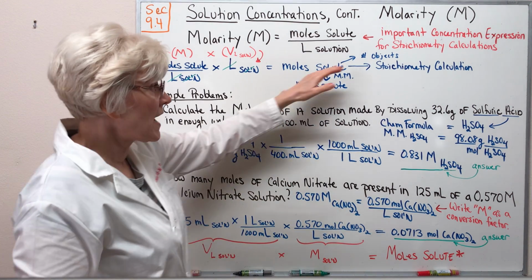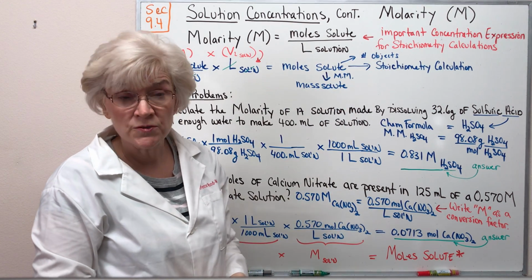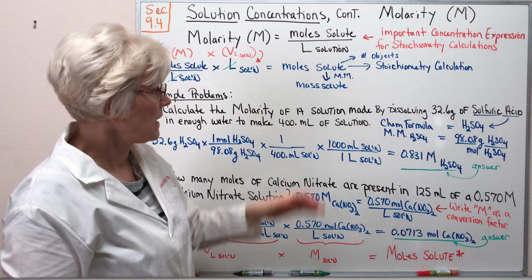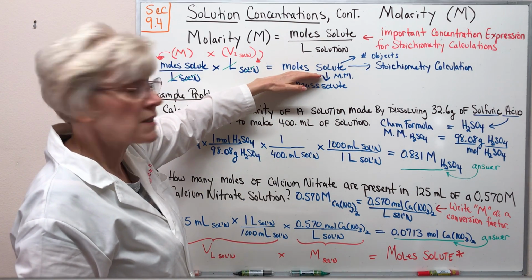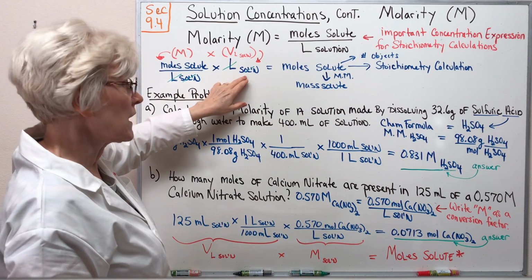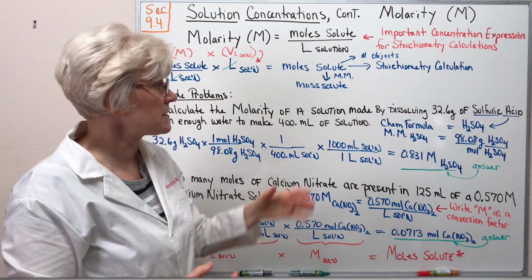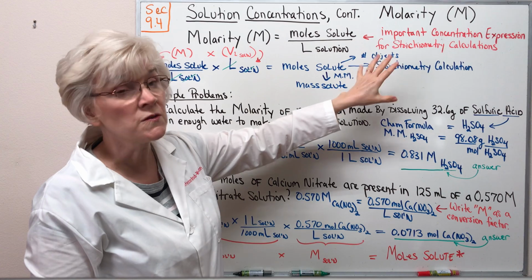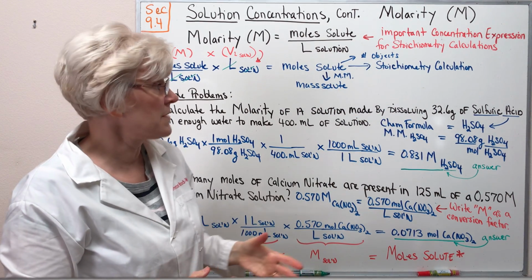We could do that calculation if we used Avogadro's number. So being able to calculate moles of solute by taking a molarity and multiplying it by a volume in liters enables us to do many useful things in the field of chemistry.